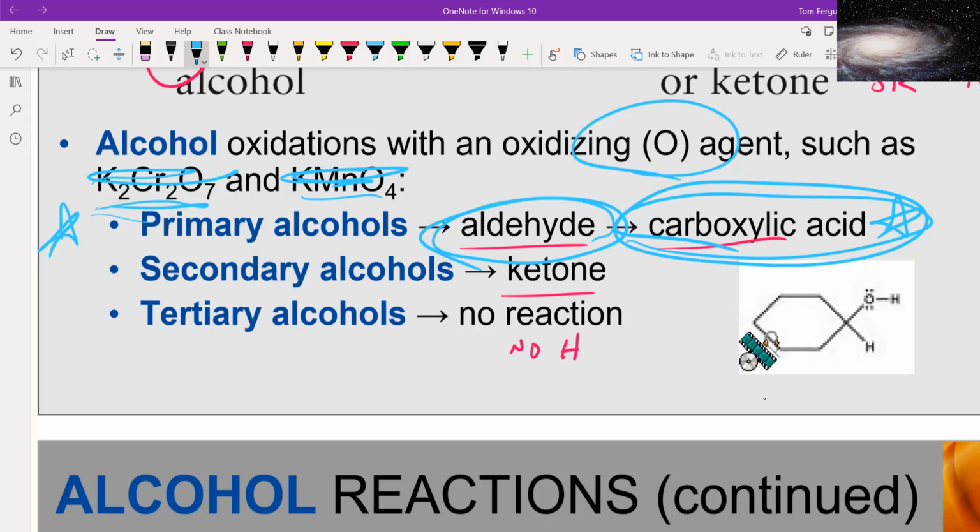Now, there's a problem with that. You have two enzymes, and you have to have enough of those enzymes in your body to clear your liver of alcohol. For whatever reason, genetically or otherwise, if you don't have enough of those enzymes, or you drank a whole bunch of alcohol, it may linger in your system. And the bad part is aldehydes are very, very bad for you because they're not particularly stable, and they tend to mess things up.